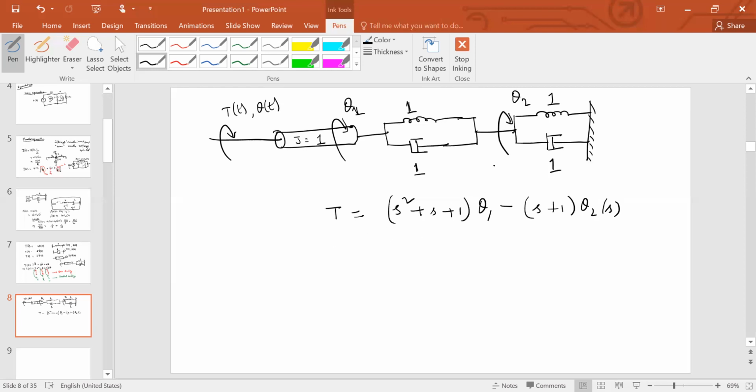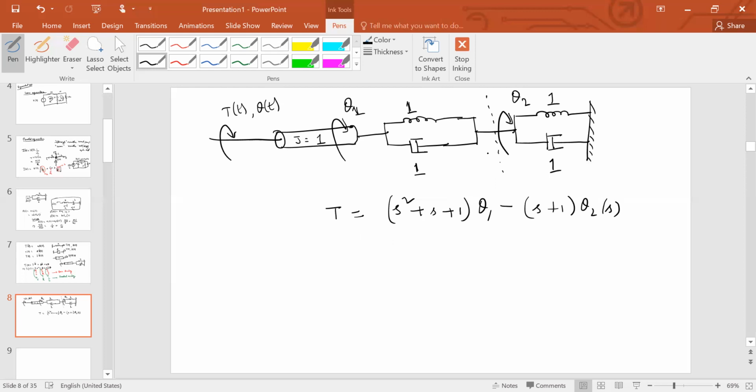Now, if you're breaking the connection here, you still have to replace the torque that you have applied here, because the torque is a through variable. It is the same as applied here. But that effect of the torque is already accounted for within this block.